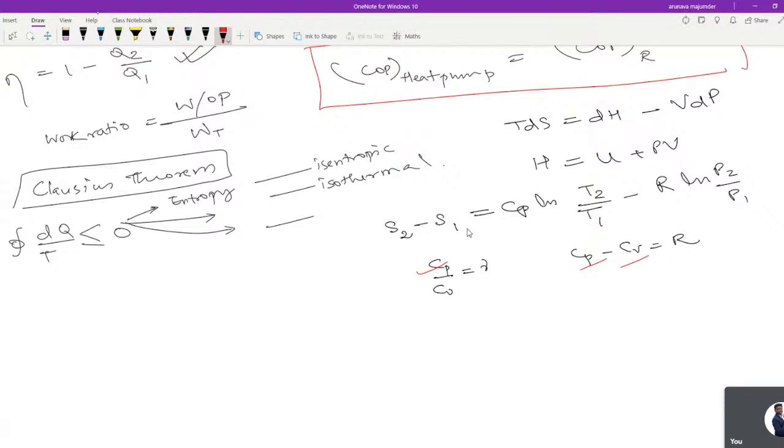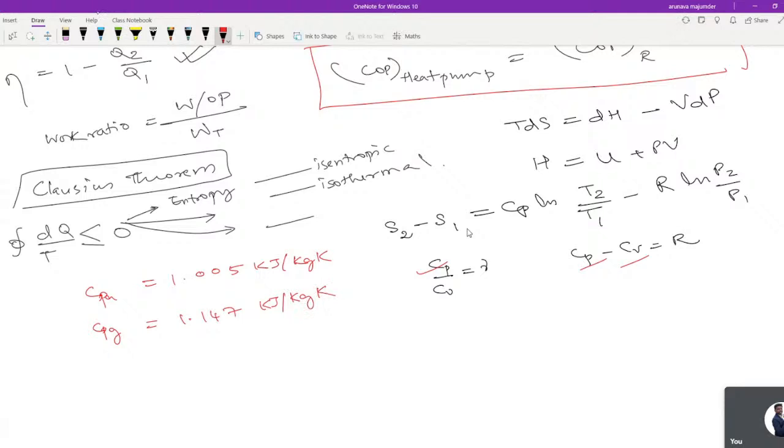And maybe sometimes they will give you some constant terms, like the value of Cp. If not, do remember 1.005 kilojoule per kg Kelvin. These are some constant values. It will be helpful for you if you remember them. And Cp for a gas is 1.147 kilojoule per kg Kelvin.